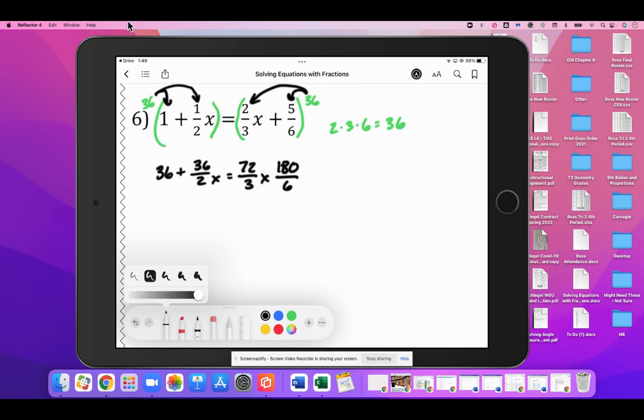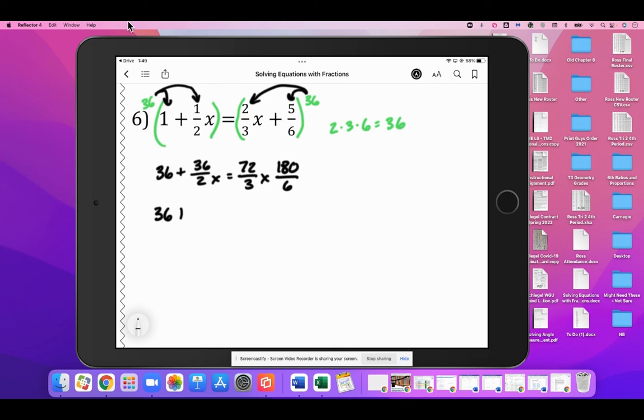So we can see that as I do this, my denominators are going to cause this to turn into whole numbers because 36 divided by 2 is 18. 72 divided by 3 is 24. And I forgot my plus sign. There we go. Plus 180 divided by 6 is 30.